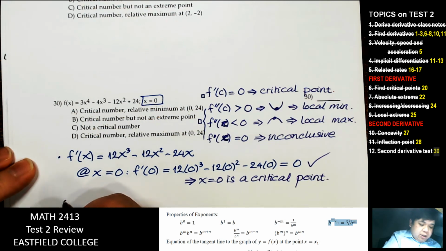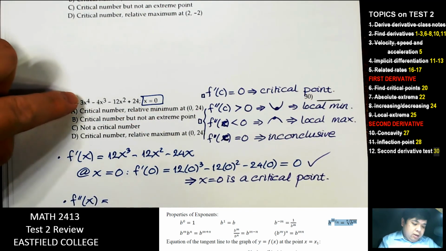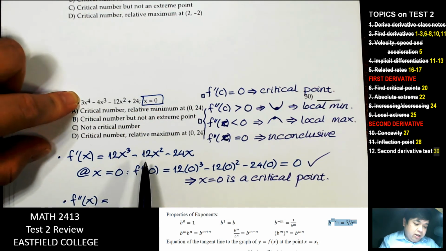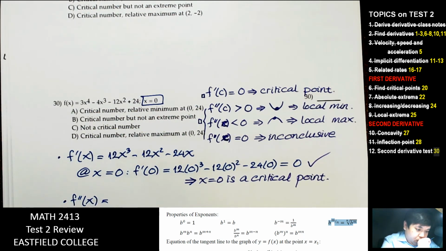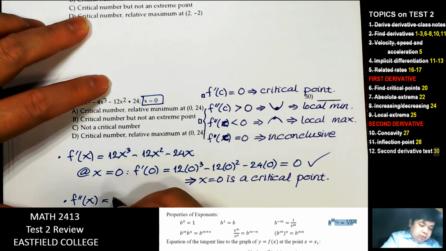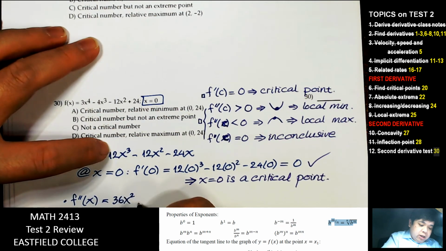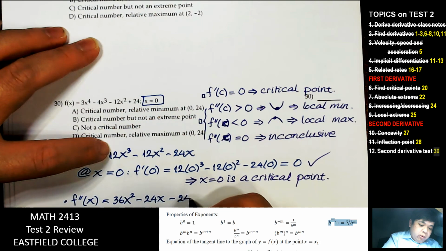Next, find the second derivative. It is 36x squared minus 24x minus 24.